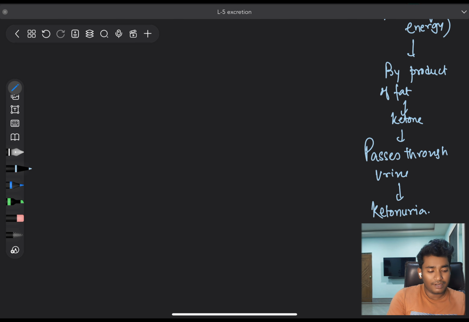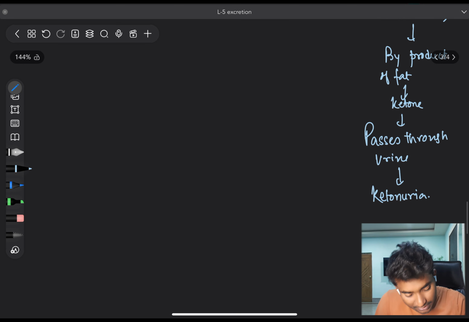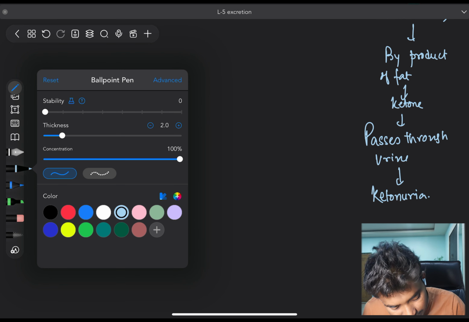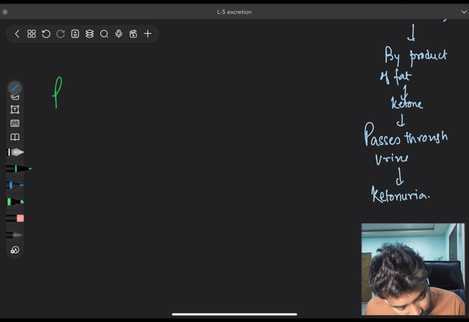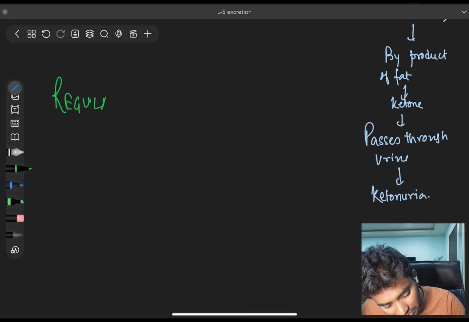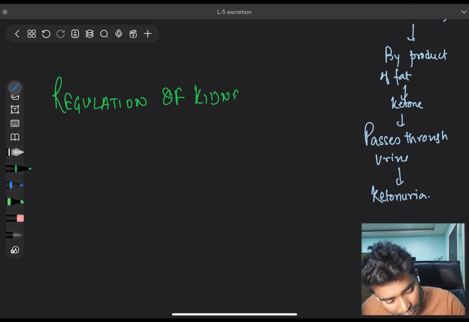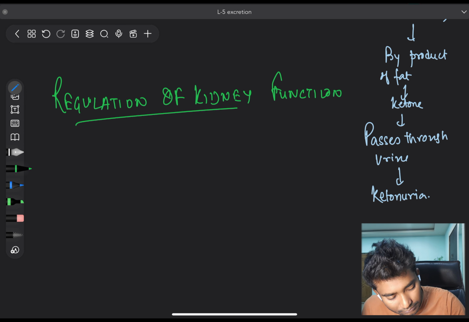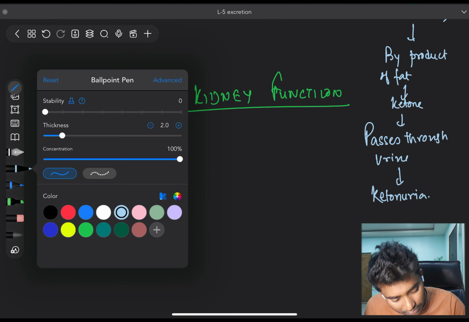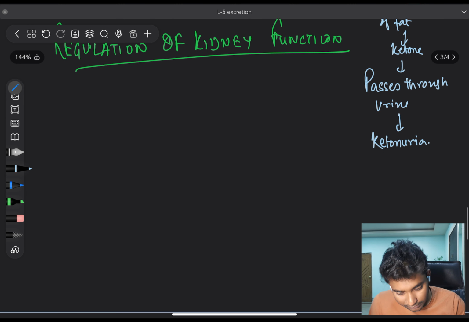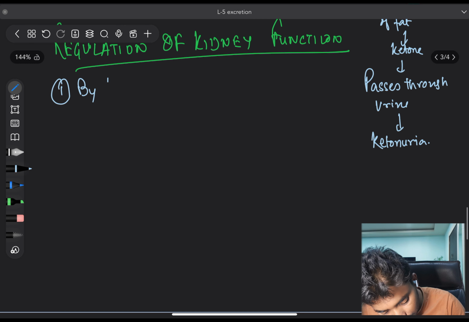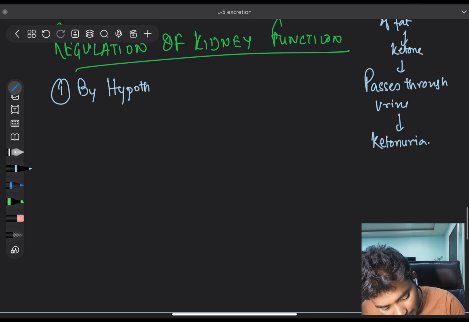Okay, now comes the next part. The regulation of the kidney function. It's a very important topic. The regulation of kidney function: 1. By hypothalamus. 2.